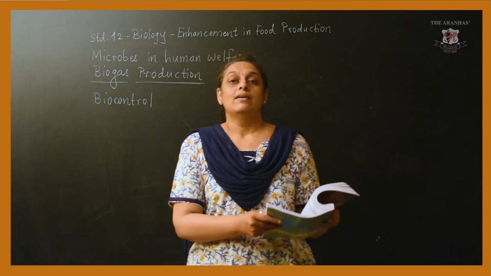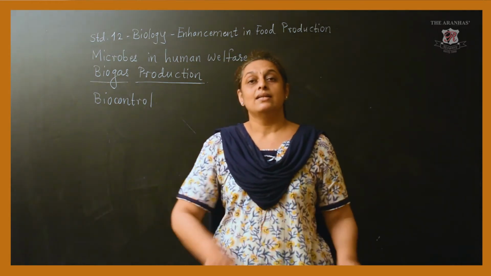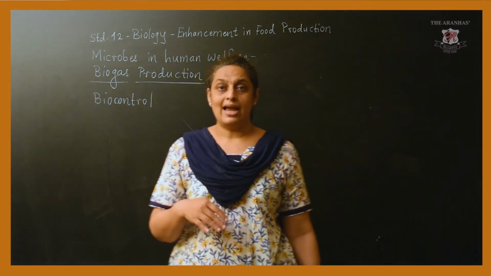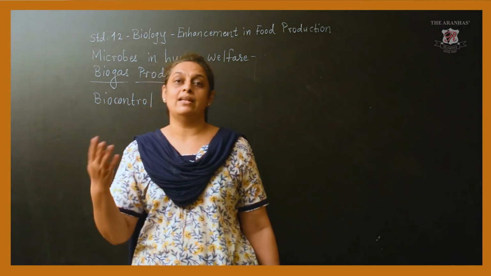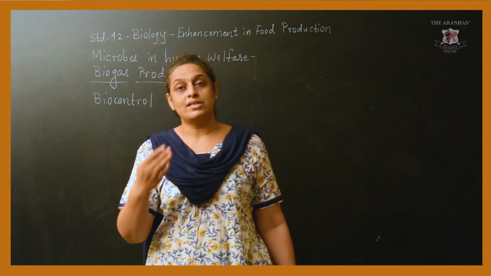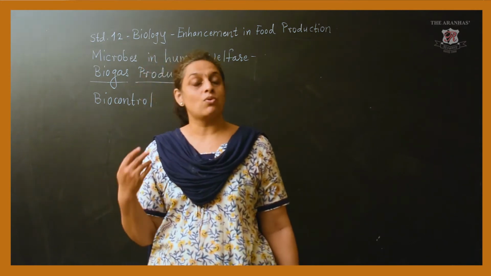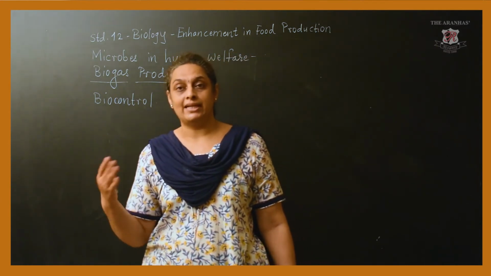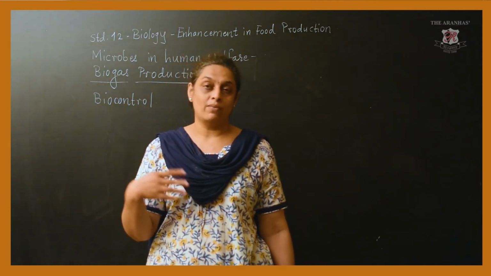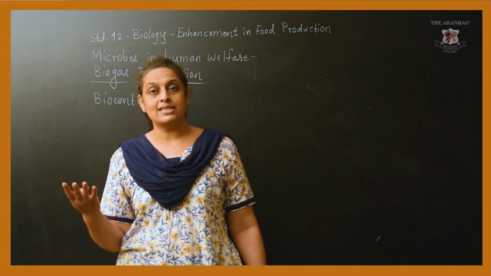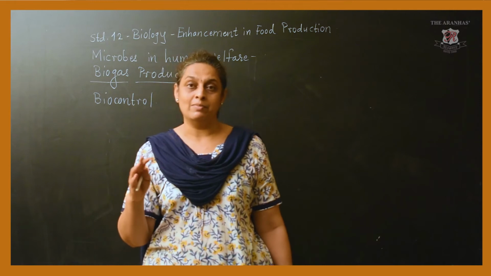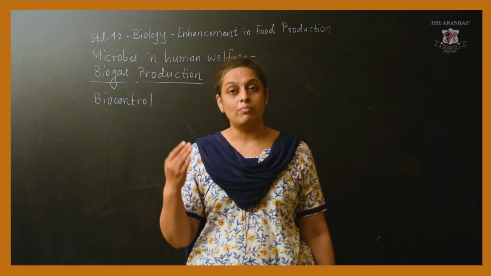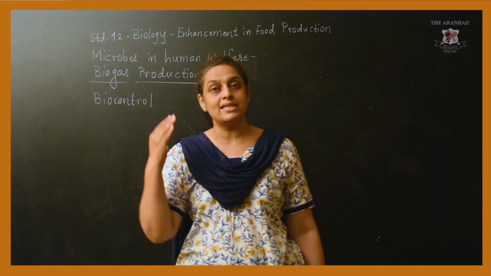And the very bad part is these pesticides accumulate in the cells, and when they are passed on to the next level, their concentration increases. This is called bioaccumulation and biomagnification, that is, the level magnifies. So obviously the effects of pesticides inside those organisms or animals are going to be more serious. So these are some of the problems associated with pesticides.